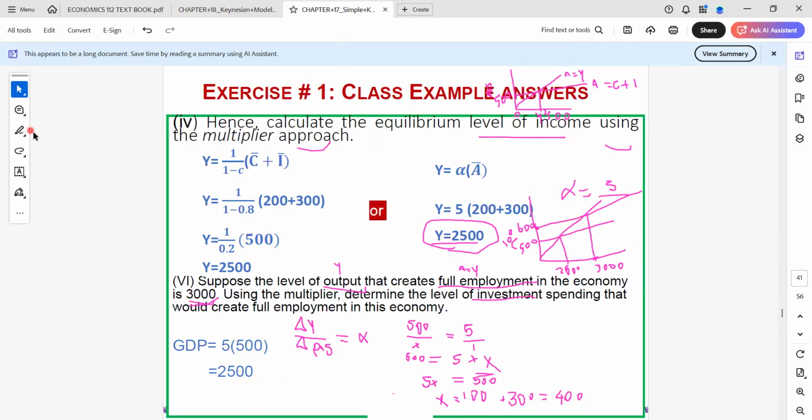This is exactly the same thing that we did here, but then they say, let's assume that because we are in chapter 18, we're trying to calculate the equilibrium income, right? So this is what we want. So they just said this divided by 1, and then a change in income times 1, you're going to get a change in Y.